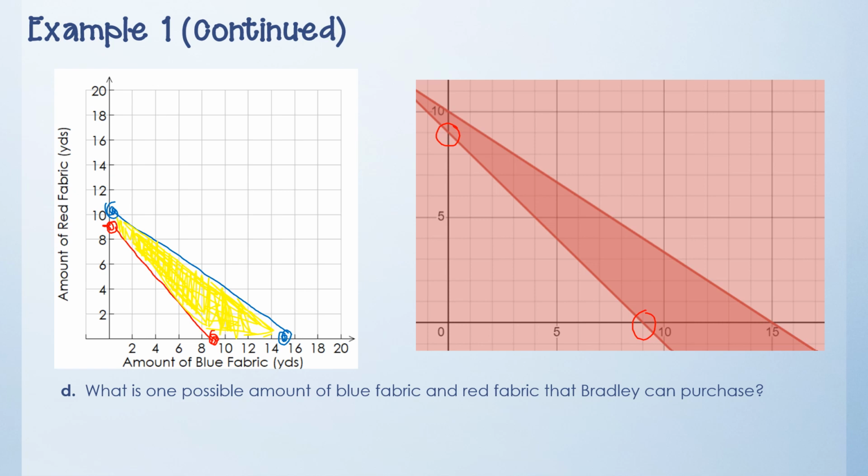So for part D, there's a lot of flexibility here on what answer you want to write down. What is one possible amount of blue fabric and red fabric that Bradley can purchase? You have choices of anywhere in the shaded region. Okay, so any point that falls into that area would be a solution. So we could say, let's say 6 yards of blue fabric, and we'll go right in the middle, 5 yards of red fabric.